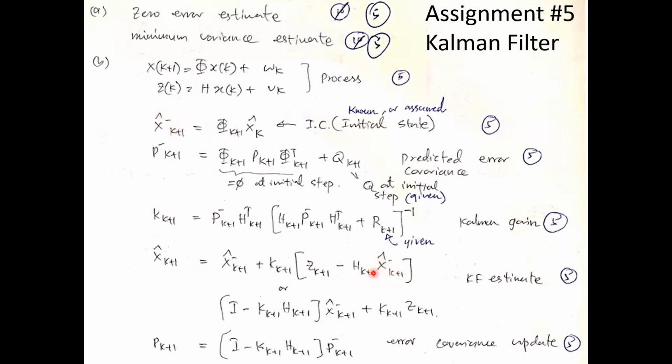And then you actually get a number of states, not everything, depending on how many of these states are actually measured. The same ones that you measure, you bring it over here and see the difference. Okay, the difference is multiplied by the gain. So that's what you do.